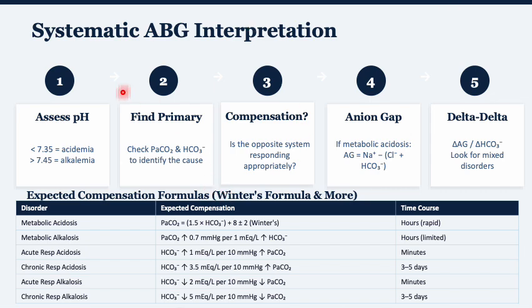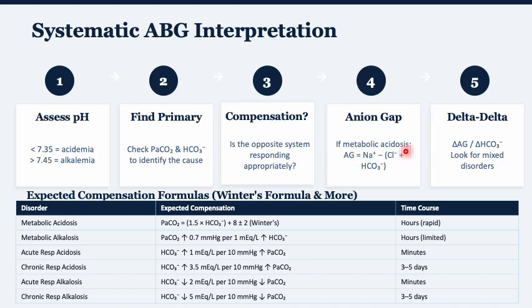But when you have an ABG, the first thing you'll do is assess the pH. The second thing you will do is to check the carbon dioxide and bicarb levels to identify the cause. The third thing you do is see if the opposite system is responding appropriately. Now that's when you would do that Winter's formula.